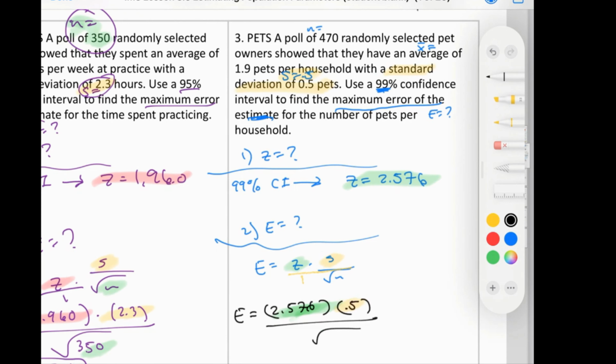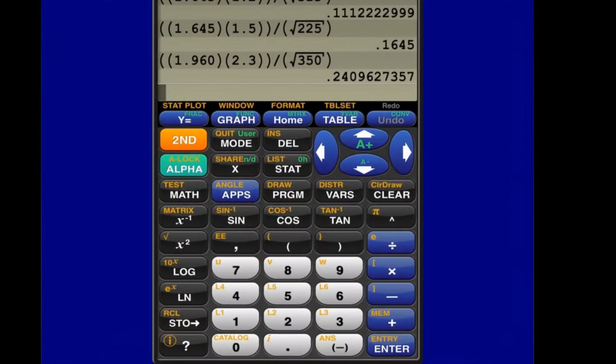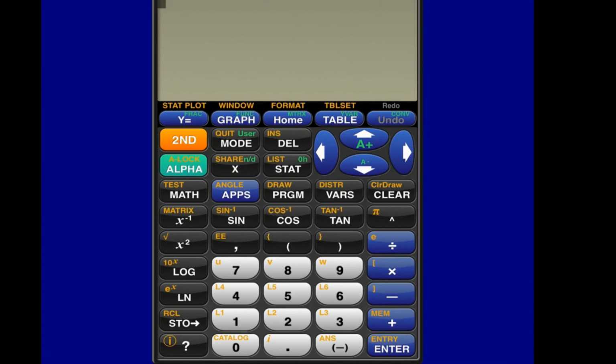And really that's just over our N value, which is 470. Okay, let's go over here. Let's just do this the first time, and I do two sets of parentheses to kind of show the fraction.